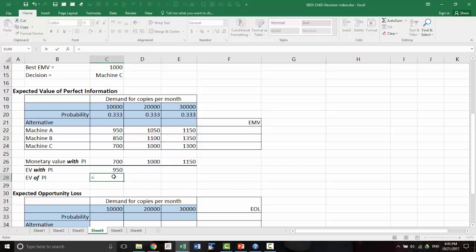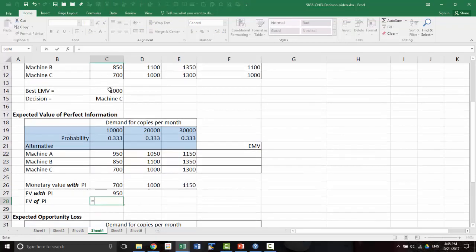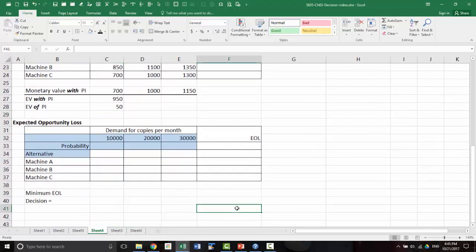So the expected value of perfect information would be, okay, since this is a cost problem, you have to go like this. Expected value of perfect information cannot be negative. So like that.